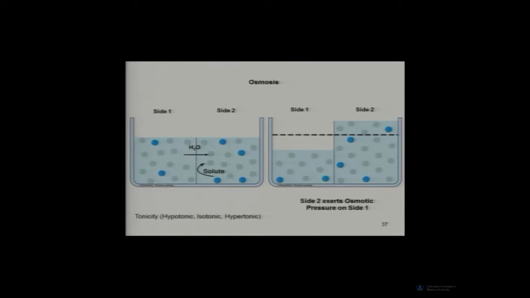They're solutions, and some of those solutes, this is critical, some of those solutes cannot cross the semi-permeable membrane. Osmotic pressure can only be exerted by a solute that cannot cross the membrane.